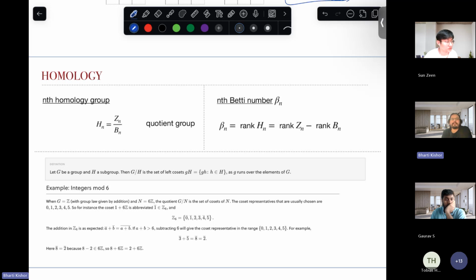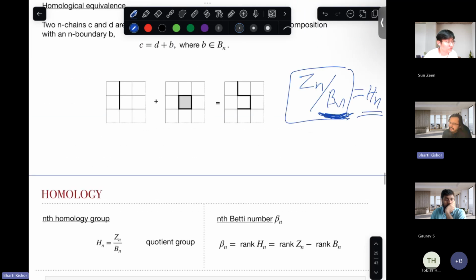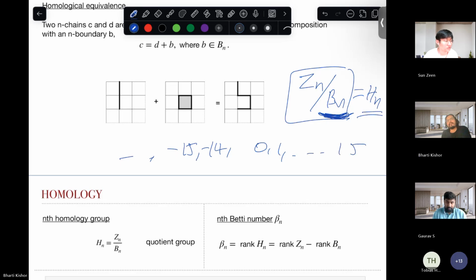So let's look at the set of all integers. The set of all integers is something like -15, -14, and many things like 0, 1, 2, 15. But let's say I'm interested in whether an integer is divisible by 5 or not. Any integer which is divisible by 5, I can write as 5Z.